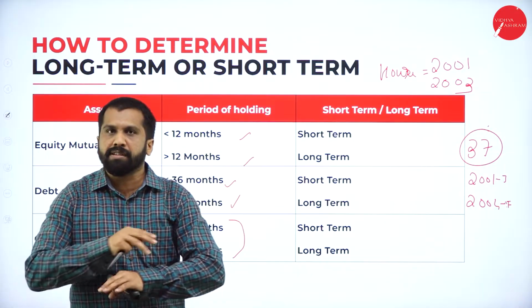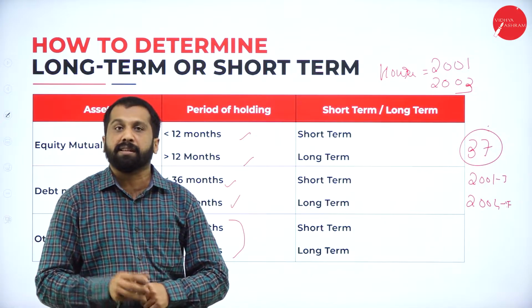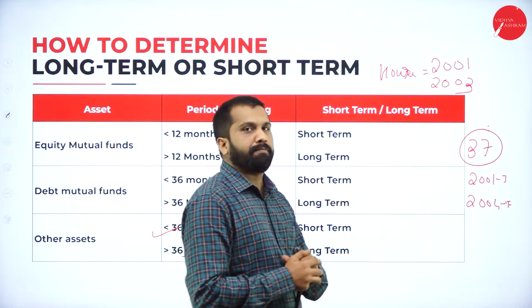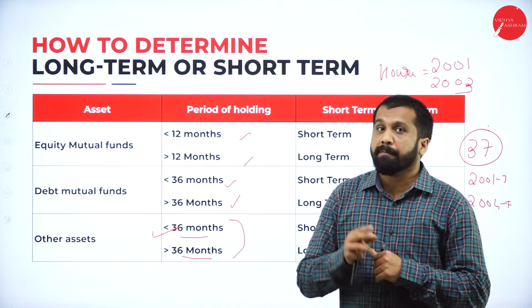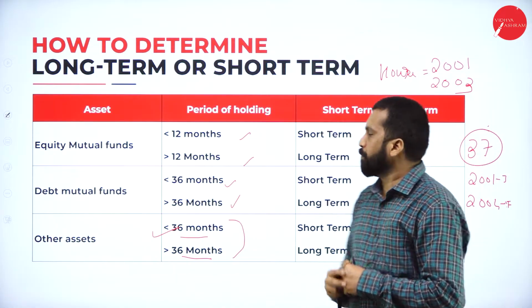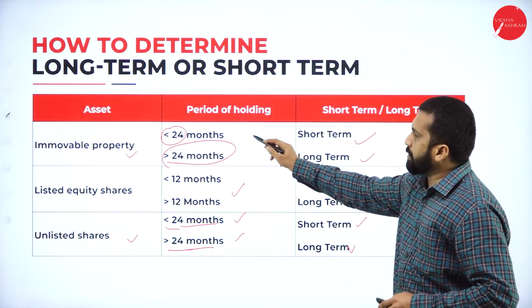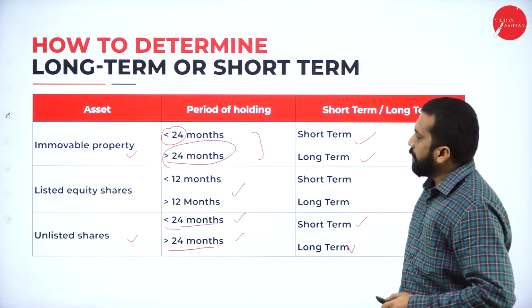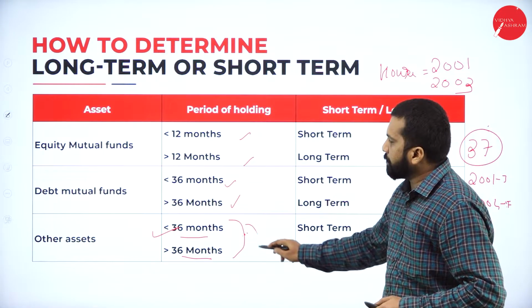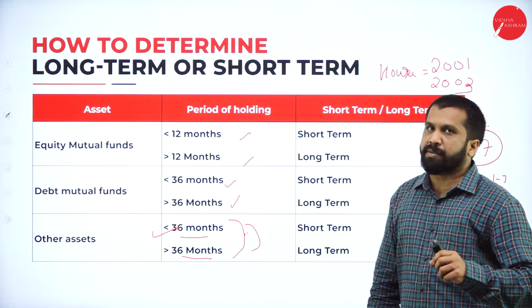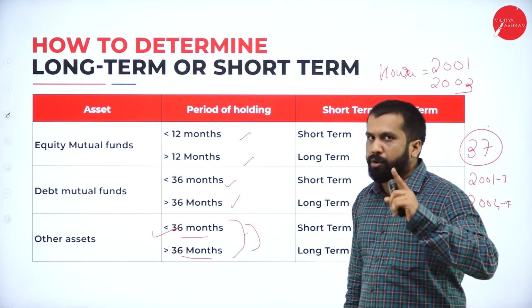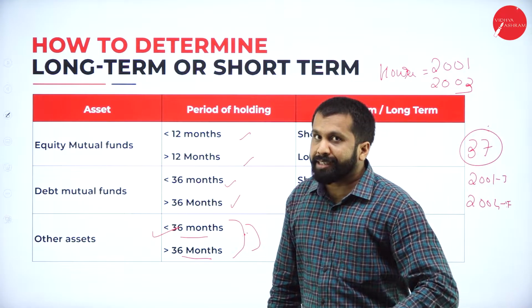If you want to remove them, you have to completely dismantle them. Those kinds of machineries come under immovable. So immovable property, always remember, 24 months, and movable property always comes under 36 months. Clear? Immovable 24, movable 36.